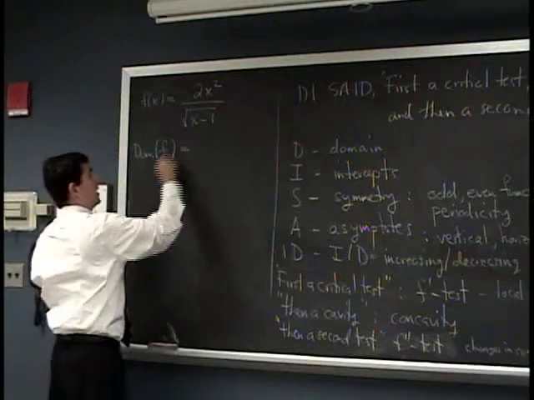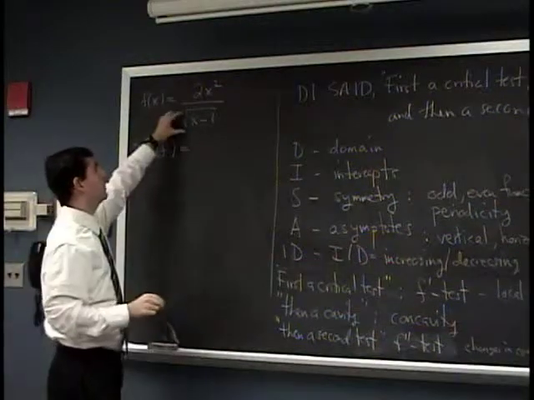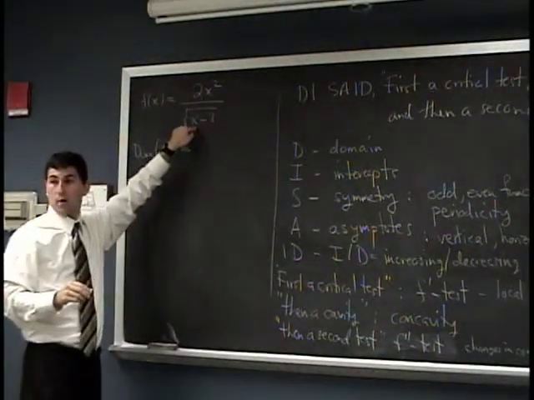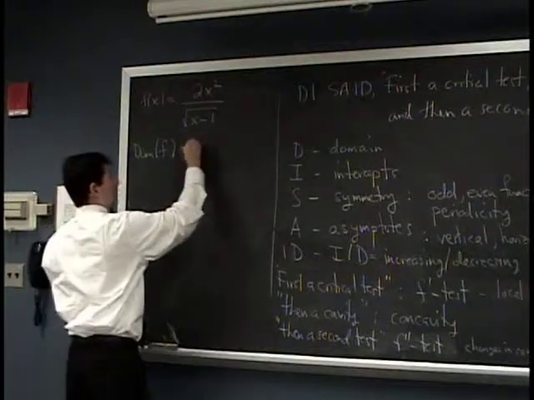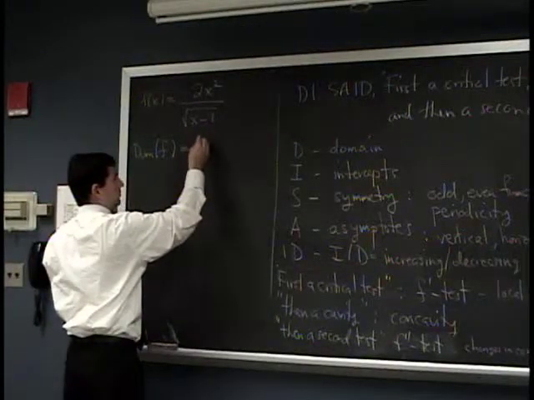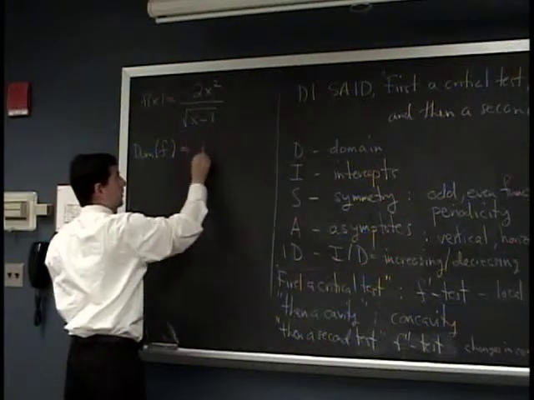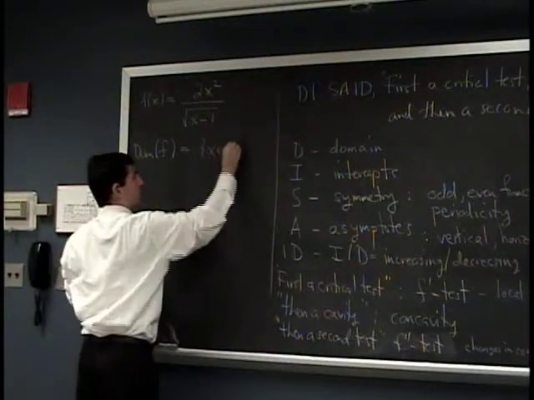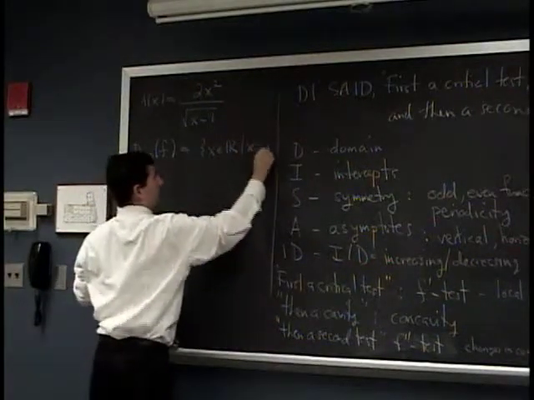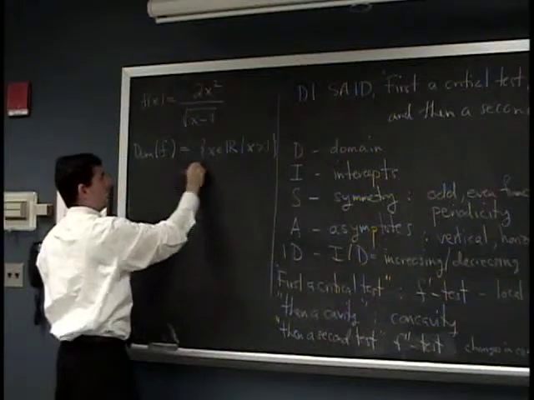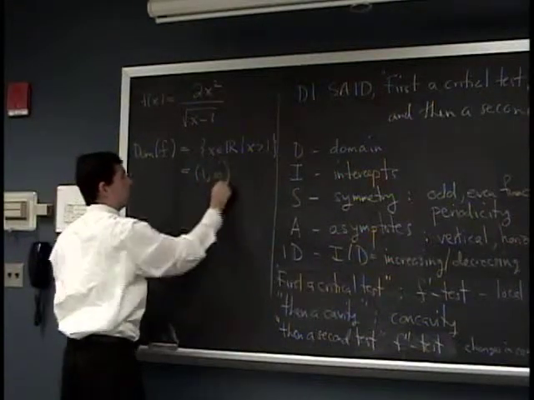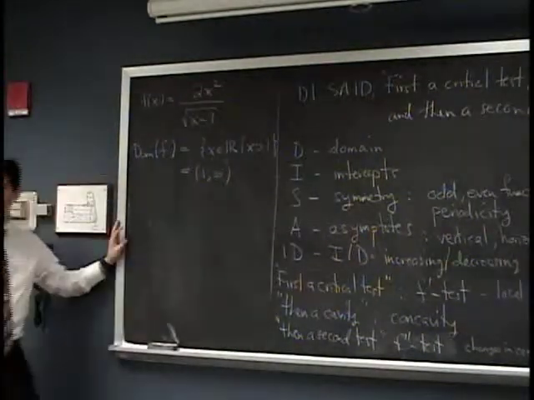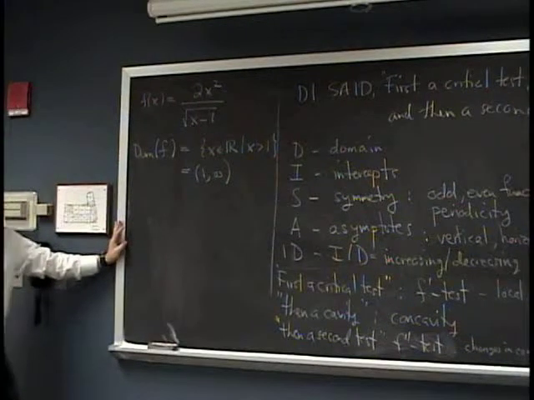So the domain is all real numbers bigger than 1. You can write it as all real numbers such that x is greater than 1, or as 1 to infinity, using a parenthesis to denote that you don't include the number 1.